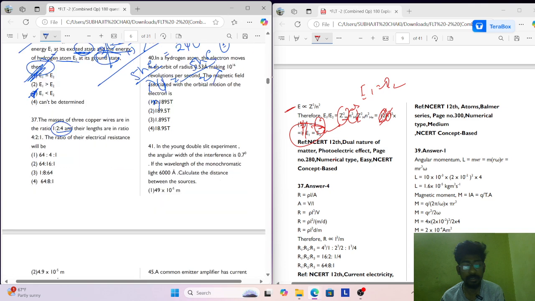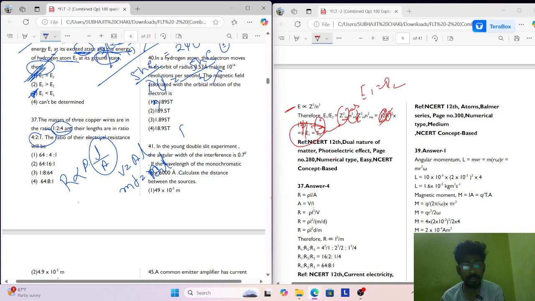Mass, length and ratios are given. Okay, R is proportional to rho into L by A, we already know this. And we already know V equals A into L. V is equal to mass into density, A into L, right?